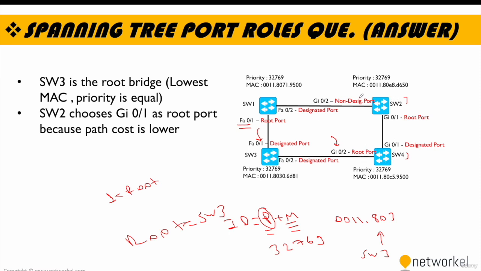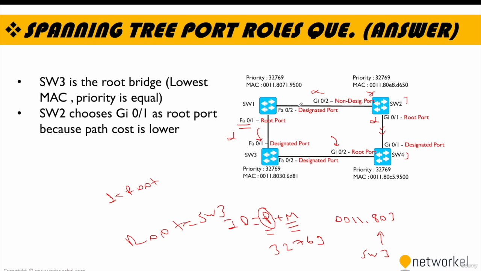For switch 2, I have two different options. It could be this port or this port. If I look at this port, from here to there is a gigabit Ethernet connection. I know that gigabit Ethernet connections have a lower cost compared with Fast Ethernet connections. If I go from this direction, there is a link which includes gigabit and Fast Ethernet, and there is another link which includes Fast Ethernet and Fast Ethernet.